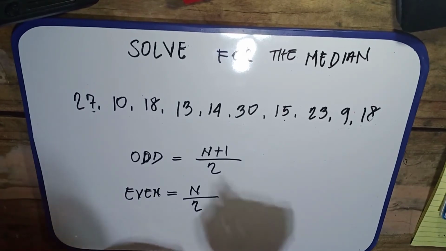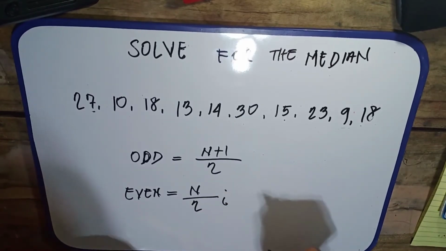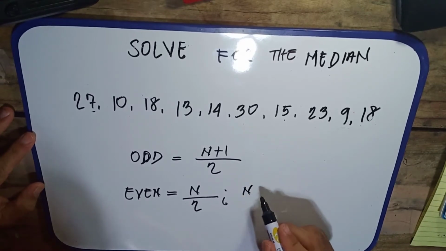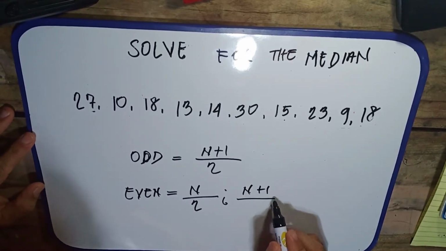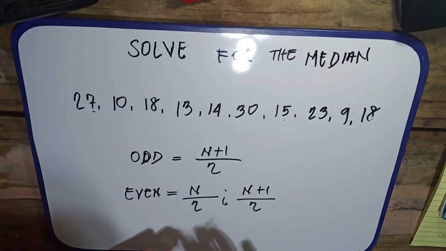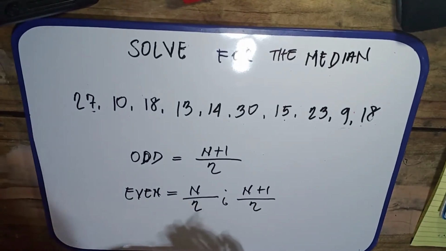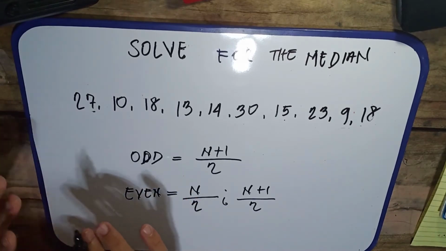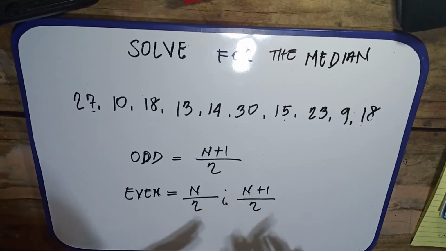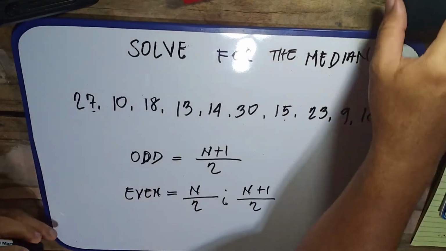Okay, and then the next thing that we are going to do is the number of numbers plus 1 divided by 2. This is the way that we are going to determine the first and the second numbers in the data set.